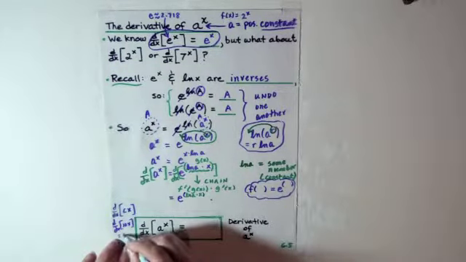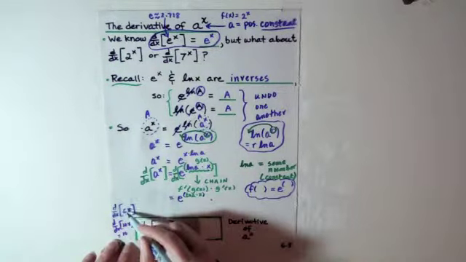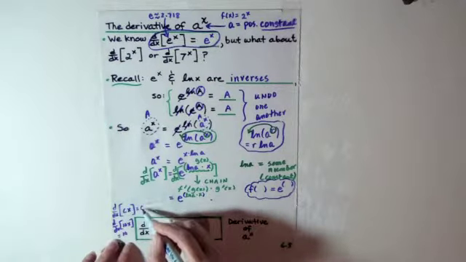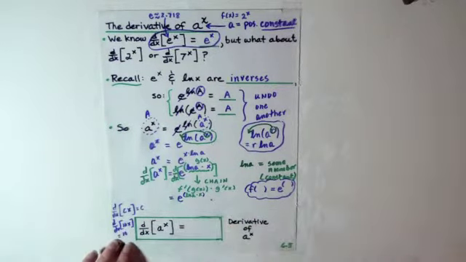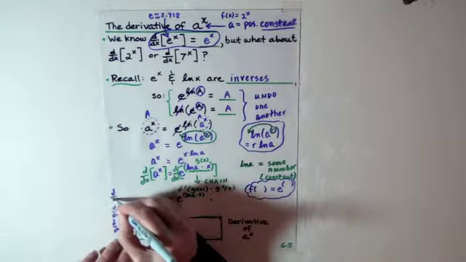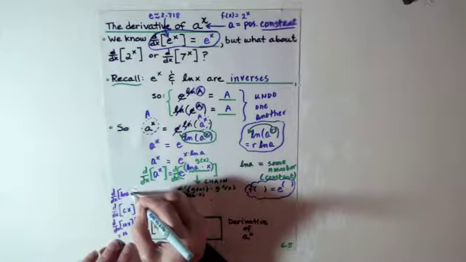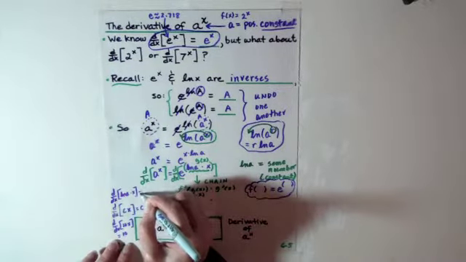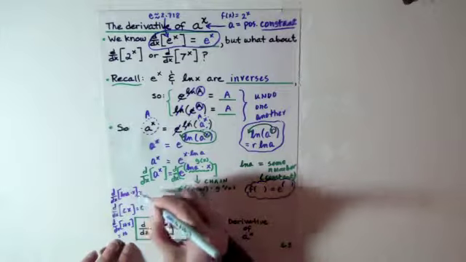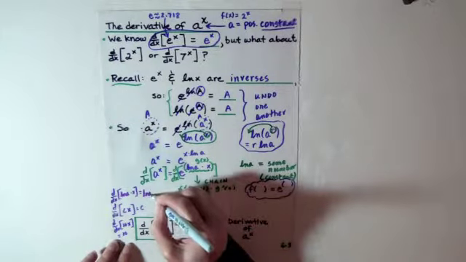Well, derivative of 10x is just 10. The derivative of any constant times x is just c. So the derivative of ln of a, that constant times x, should just be that constant. So it should be ln of a.